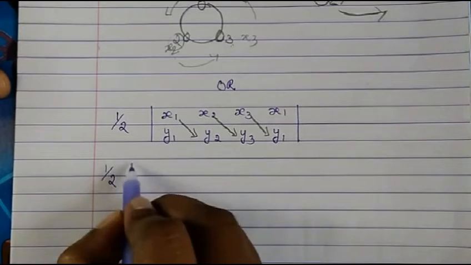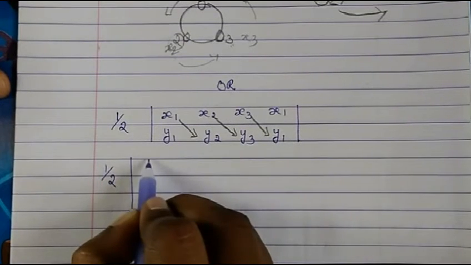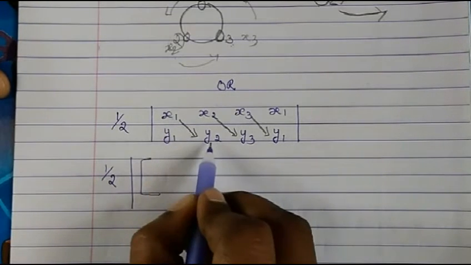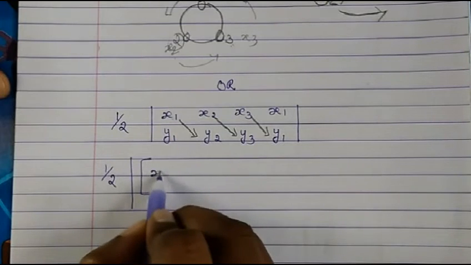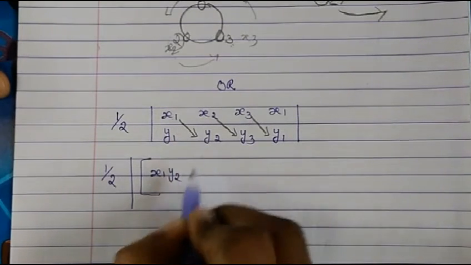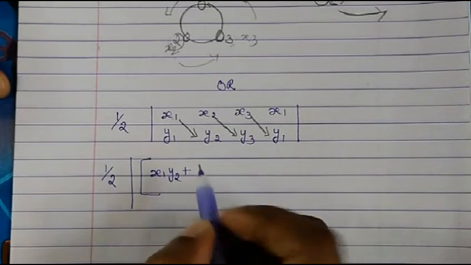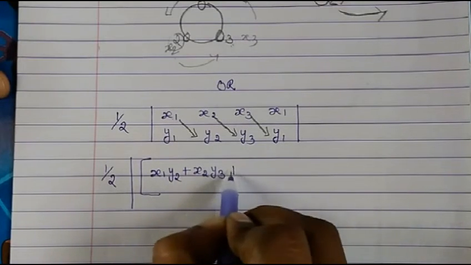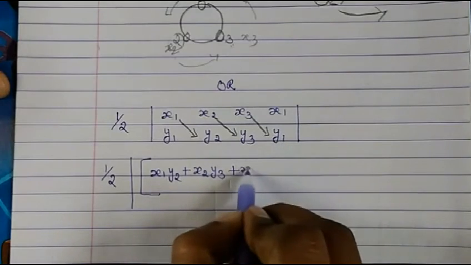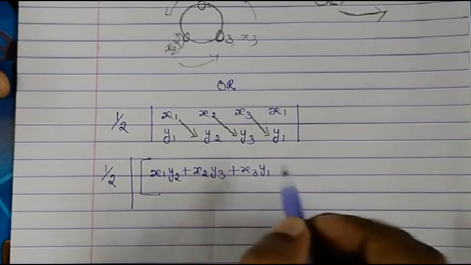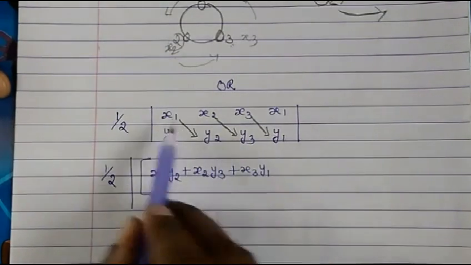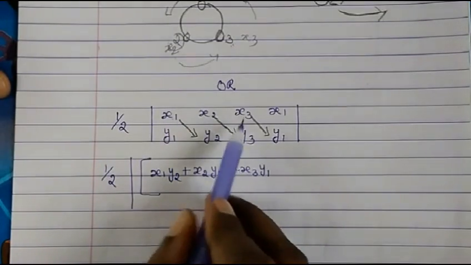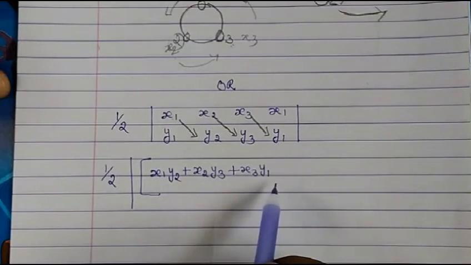So we'll write down half, modulus will be put, you can put it in a bracket: x1 y2 plus x2 y3 plus x3 y1.